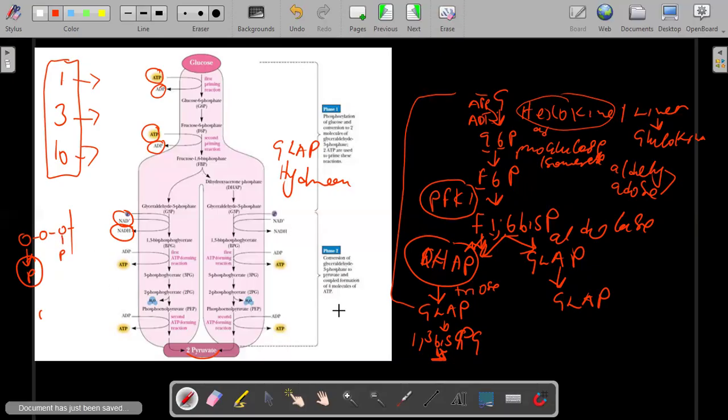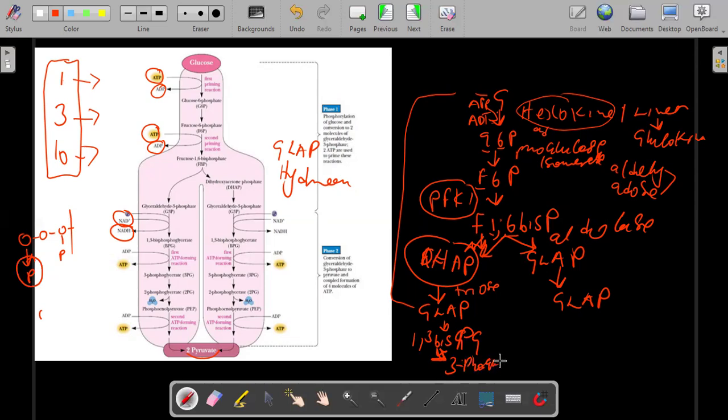So the molecule that is formed is called 3-phosphoglycerate. It was called 1,3-bisphosphoglycerate, but the bis goes away because we remain with only one phosphate group plus the glycerate, so we call it 3-phosphoglycerate.